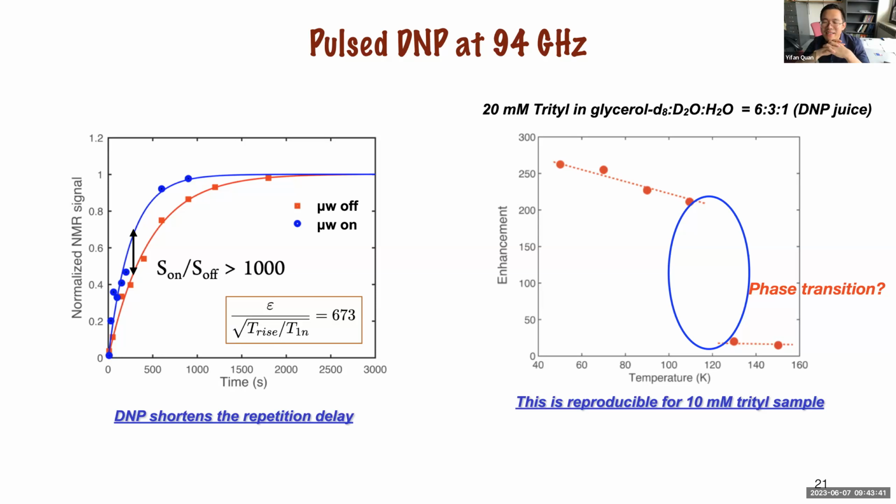I would think it's still the polarization transfer. The nuclear spin diffusion would typically be quite efficient.